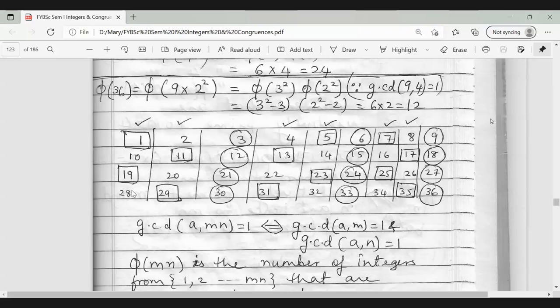So all these tick-marked columns represent 1 2 3 4.